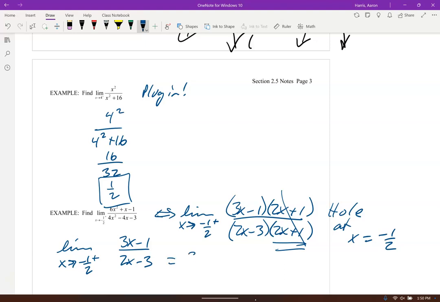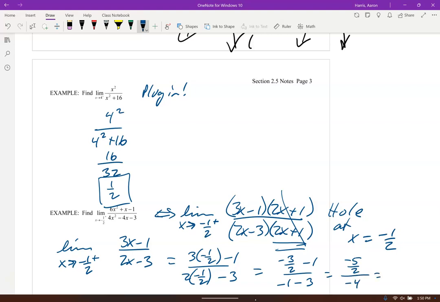So let's throw it in. I get 3 times negative 1/2 minus 1 over 2 times negative 1/2 minus 3. So I get negative 3/2 minus 1 over negative 1 minus 3. So negative 5/2 over negative 4. What's that, 5/8? So I got 5/8.